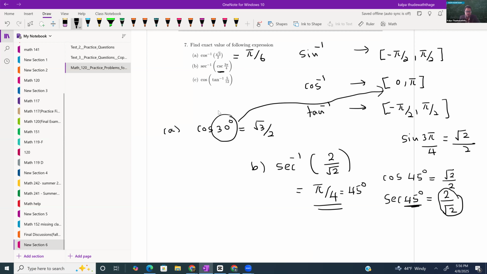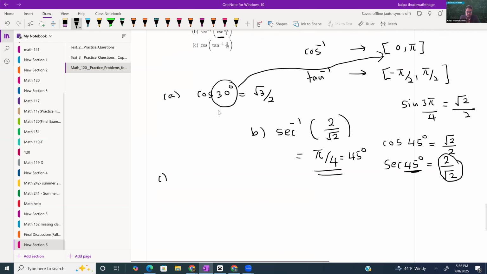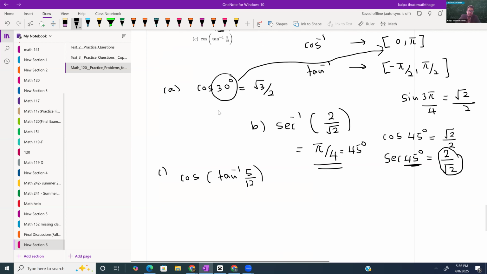Same thing. See, finally, you need to find cosine of tan inverse 5 over 12. I don't know the angle, whatever the angle theta, the tan of that becomes 5 over 12. So I can say tan inverse 5 over 12 is theta.